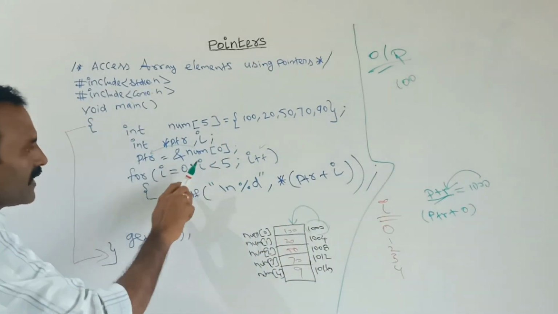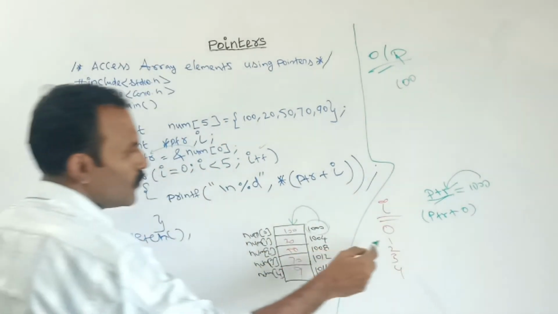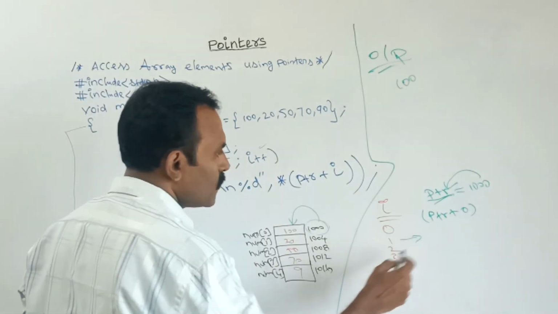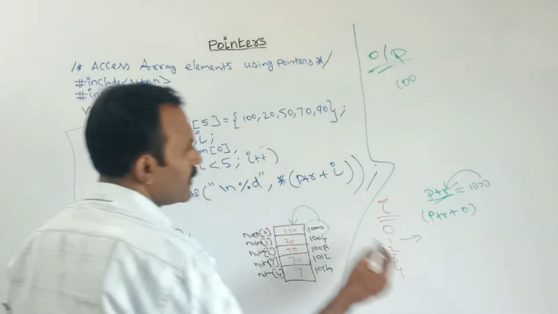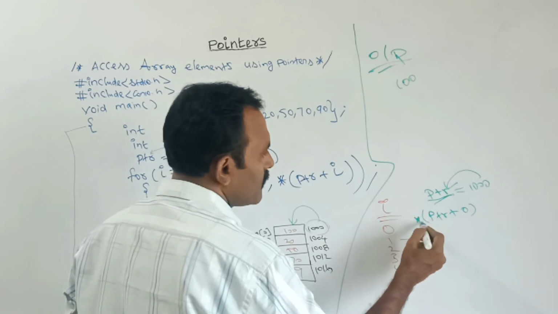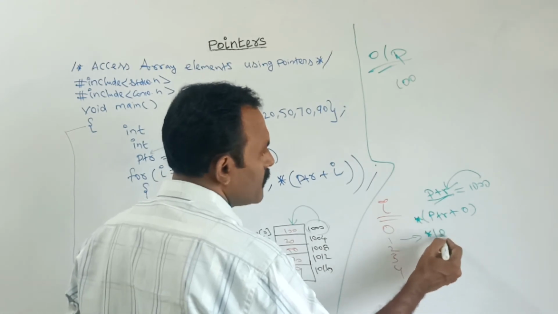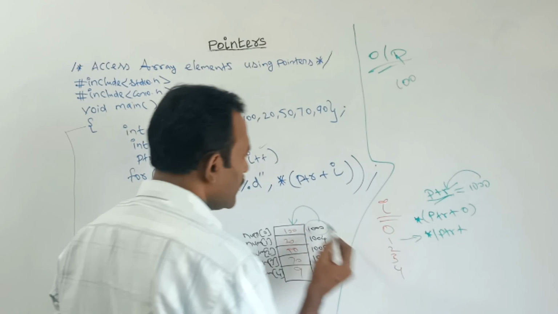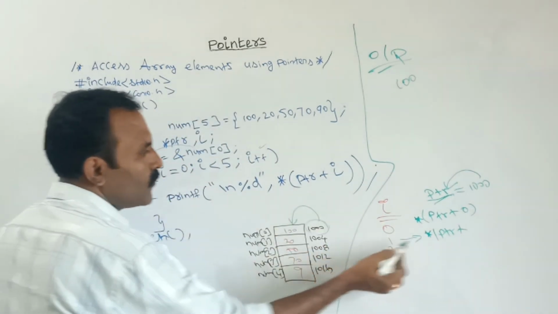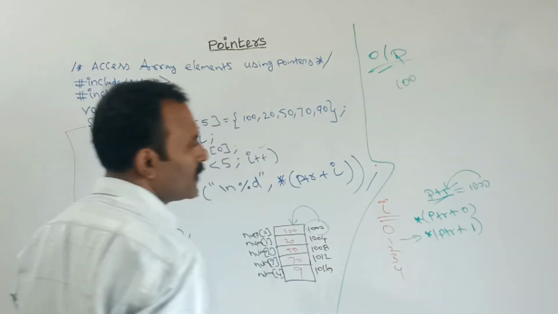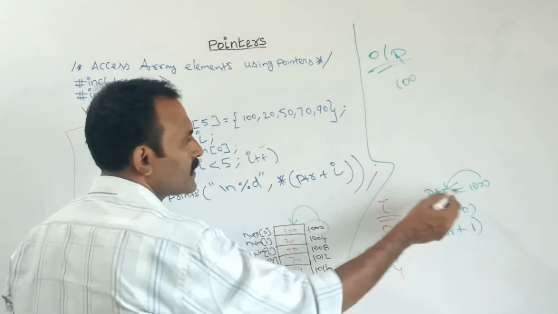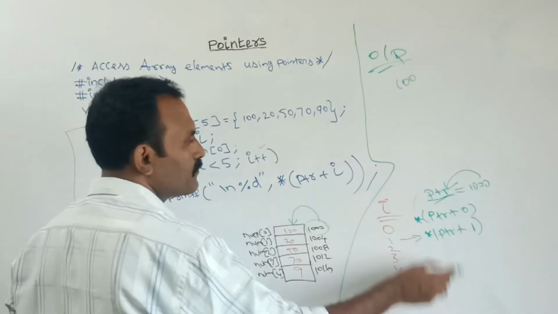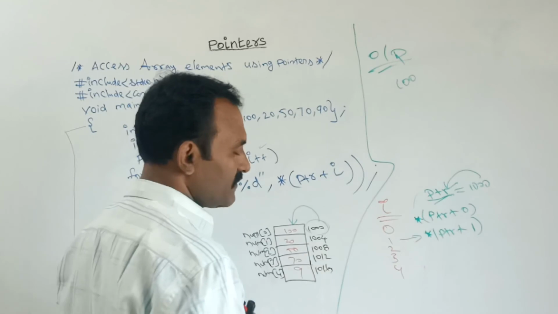In a similar way, after I is incremented to 1, when I is equal to 1, star PTR, the value at PTR plus I. What is the I value now? 1. So PTR plus 1, where the PTR value is 1000. Each and every time this PTR refers to 1000.